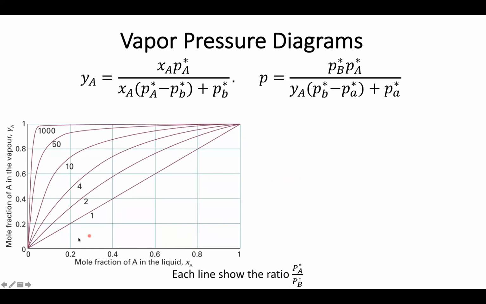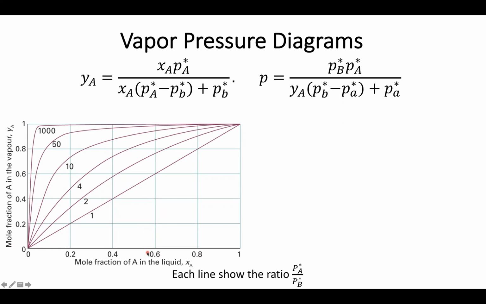Well, in this case, as I increase the mole fraction of A in the liquid, what I find is the mole fraction of A in the vapor essentially has this linear relationship, which again, we would expect in an ideal system, because since the IMFs are rather similar, we'd hope that they'd have similar vapor pressures. And in this case, the composition of the vapor matches the composition of the liquid.